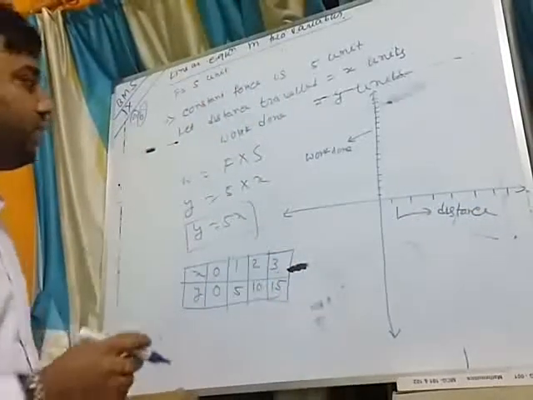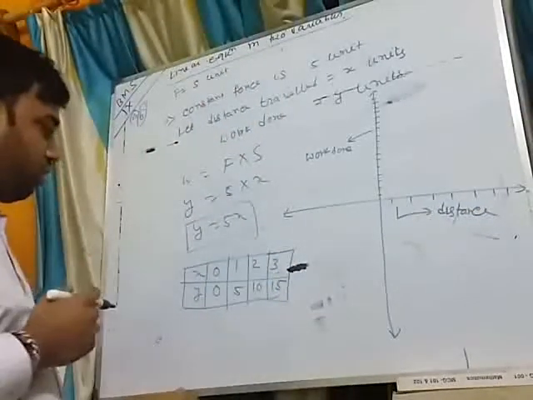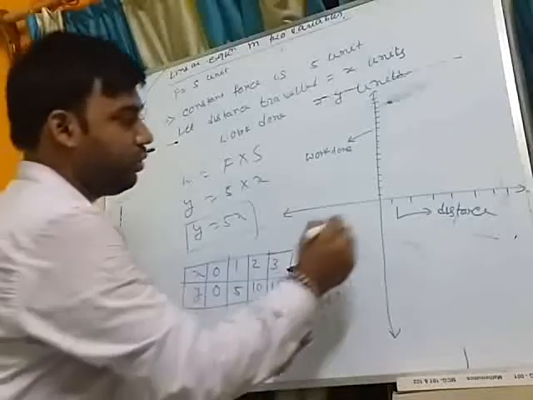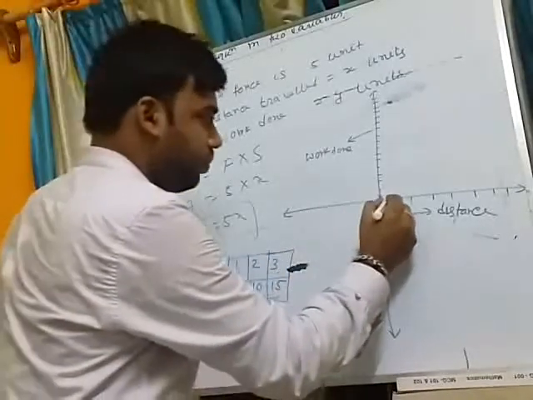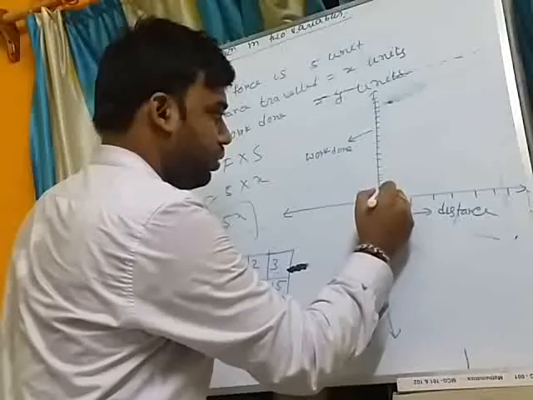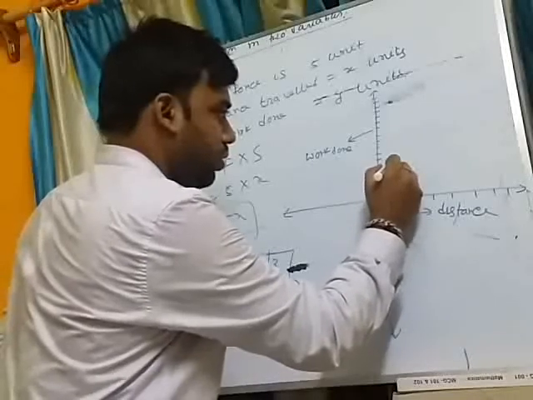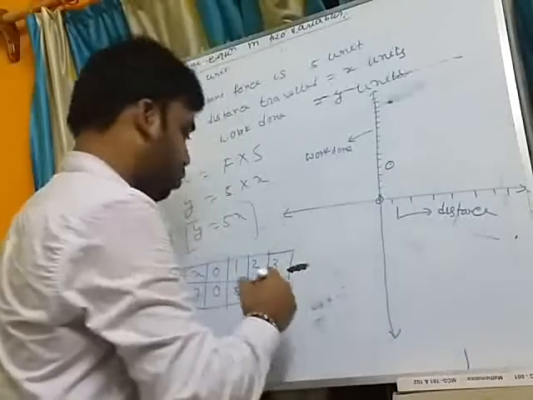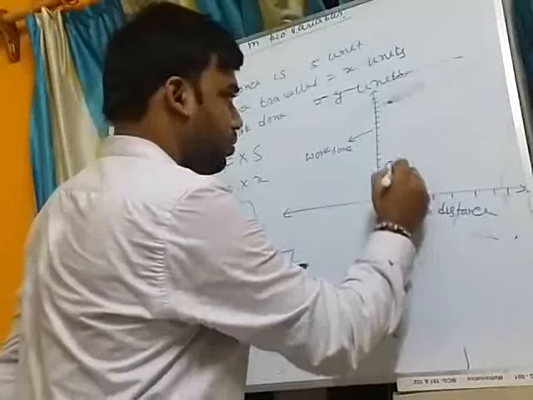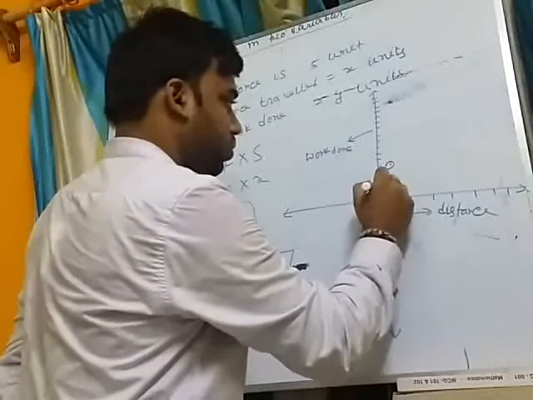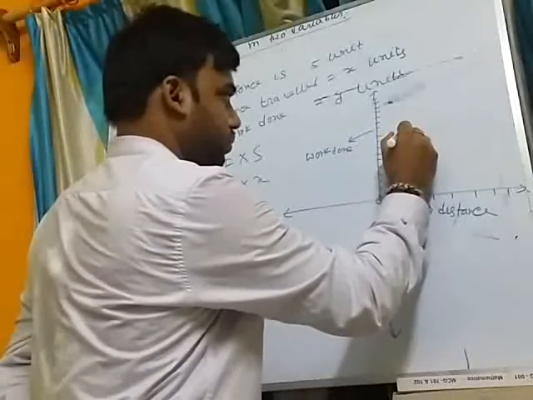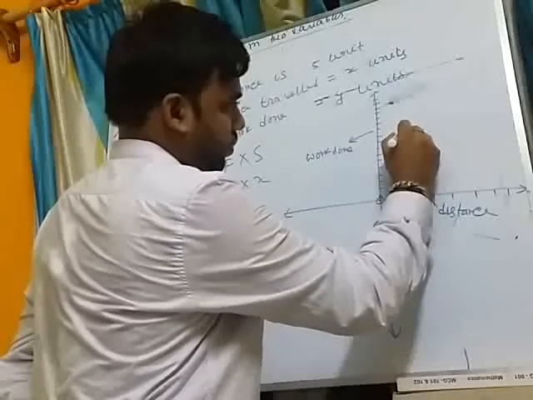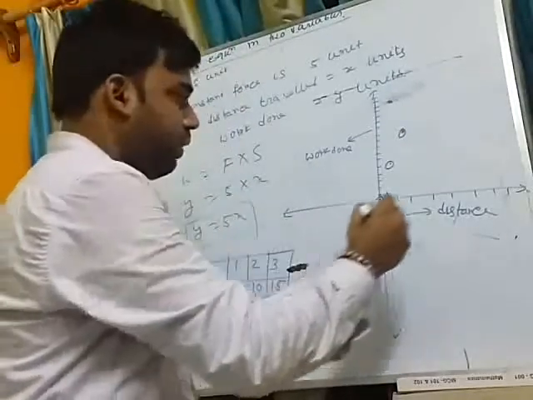Now x 0, y 0, it means the point (0, 0), then (1, 5), (2, 10), and (3, 15).